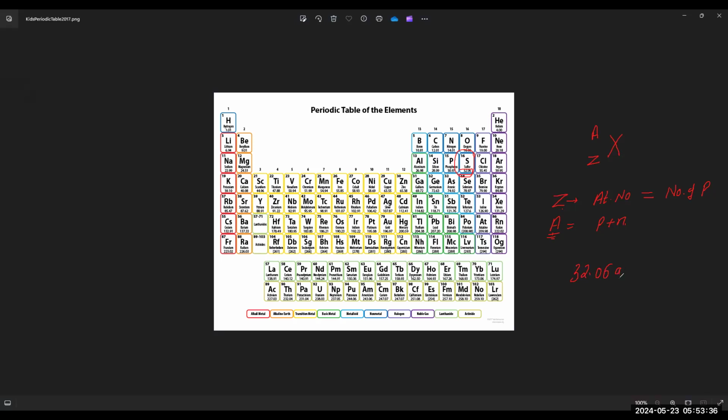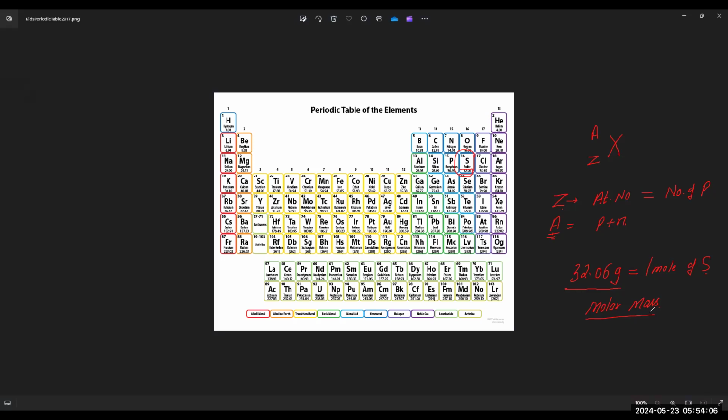If you take 32.06 grams, then this represents 1 mole of sulfur. This is also called the molar mass of sulfur. So what is molar mass? Molar mass is the mass of 1 mole of any element or compound.